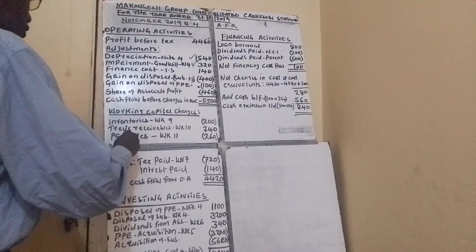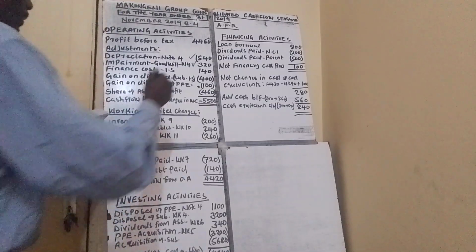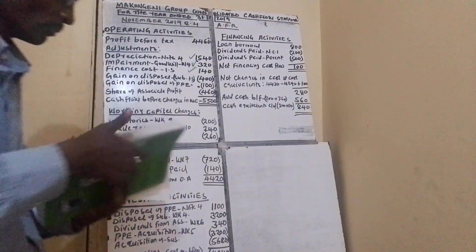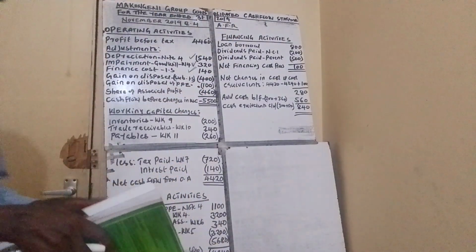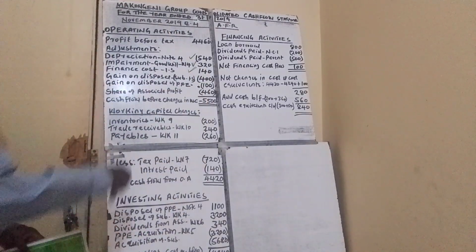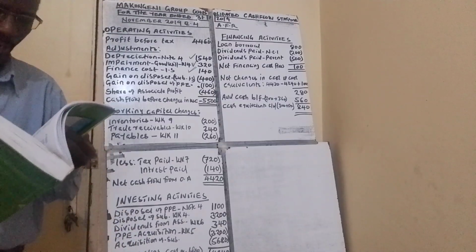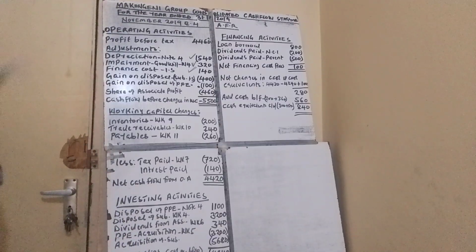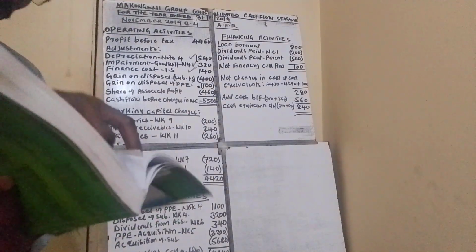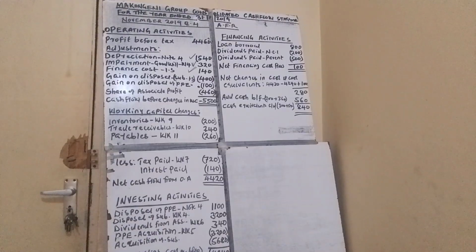Now the other thing you account for is finance costs. Now finance costs, this is interest. Interest should have been deducted afterwards. So, finance cost, if you look at your income statement, you will find interest placed somewhere above the profit.